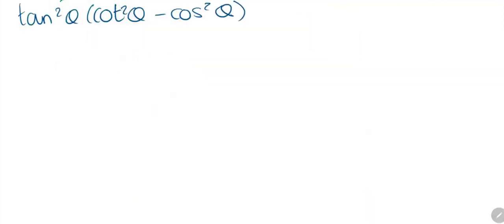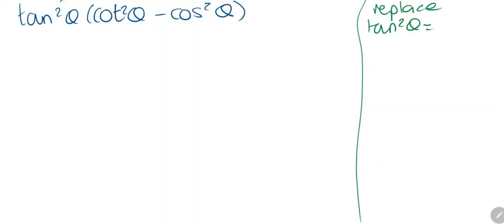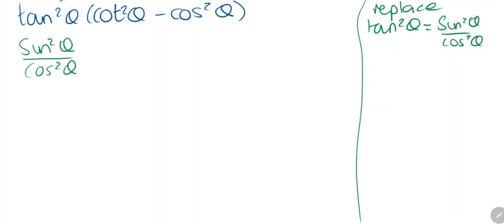Okay, so another example, tan squared theta multiplied by cot squared theta minus cosine squared theta. So we want to look to rearrange everything in the form of sine or cosine if possible. So the first thing I'm going to replace is tan squared theta with sine squared theta over cosine squared theta.